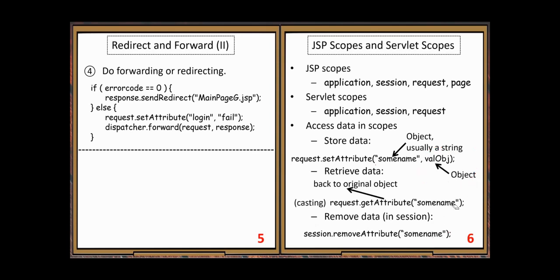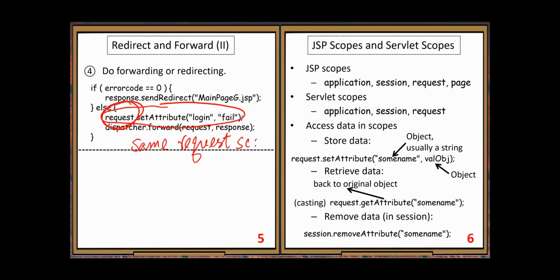After you understand the scope concept, now you can understand this line easily. We store our data in the request scope. Later, we need to retrieve the data, but when we retrieve, we must be in the same request scope.